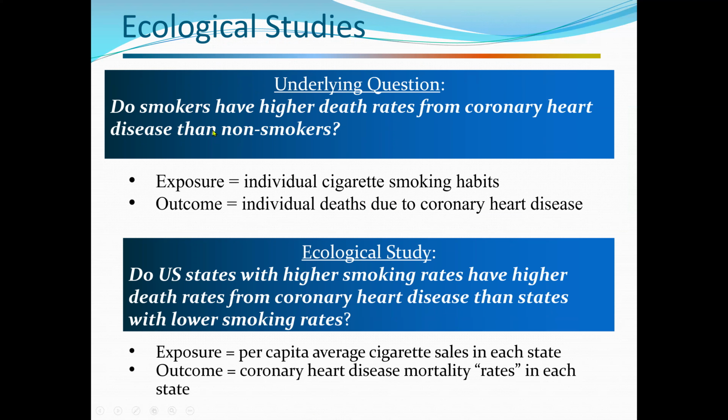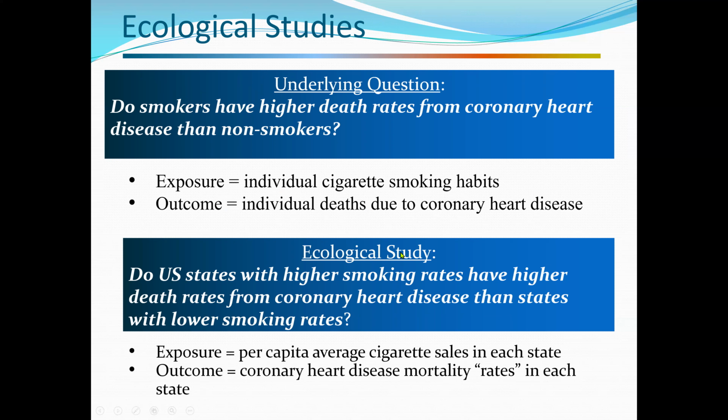We can see this question is not individual, it's about a group of smokers, relating to smokers in general. So exposure can be an individual cigarette smoking habit, and the outcome will be individual death due to coronary heart disease.